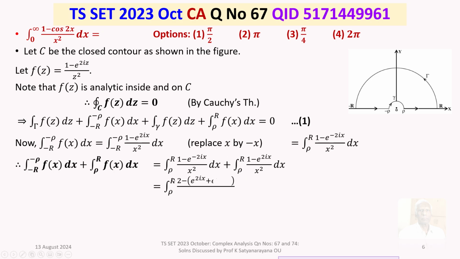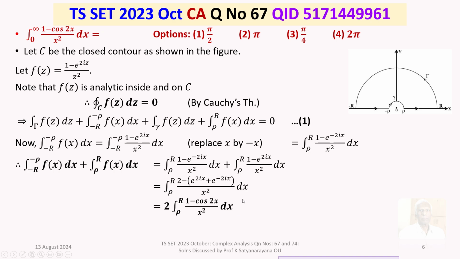So the integral from rho to R of (2 minus (e to the power of 2ix plus e to the power of minus 2ix)) by x square dx. E to the power of 2ix plus e to the power of minus 2ix is 2 cos 2x, so 2 is taken common: 2 times the integral from rho to R of (1 minus cos 2x) by x square dx.